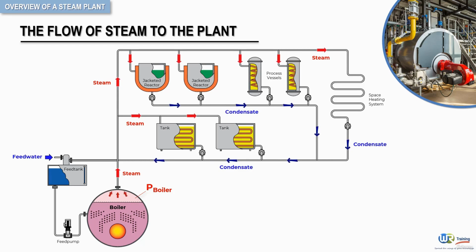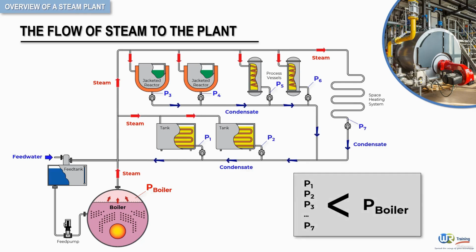When steam condenses, its volume is dramatically reduced, which results in a localized reduction in pressure as depicted here. This pressure drop through the system creates the flow of steam through the piping system.